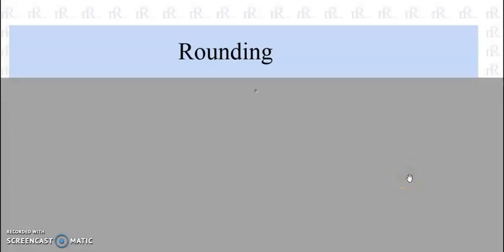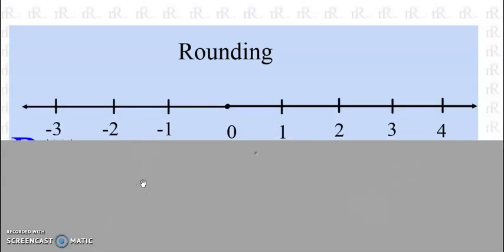In this lesson, we will look at rounding. A lot of learners always ask, why do we have to round? We round things to make it easier to add up or to get an approximation of an answer that we are looking for. When we work with rounding, we should be very familiar with the distances and spaces on the number line.